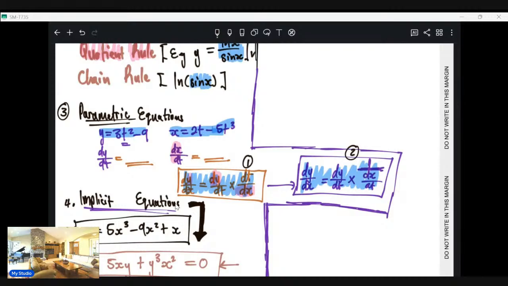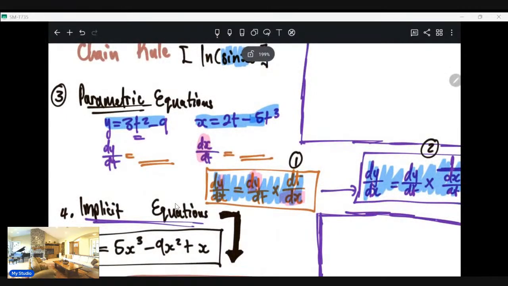You will not have dy dx, but you need it. So what you're going to first do, you will find y is in terms of t, so you find dy dt. X is also in terms of t, so you find dx dt. Then to get dy dx, the one you actually want, it will be dy dt times dt dx.